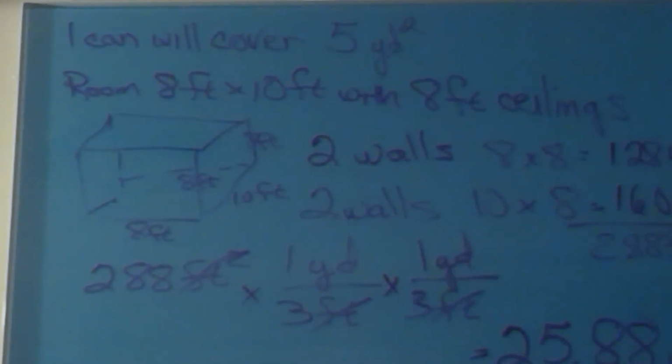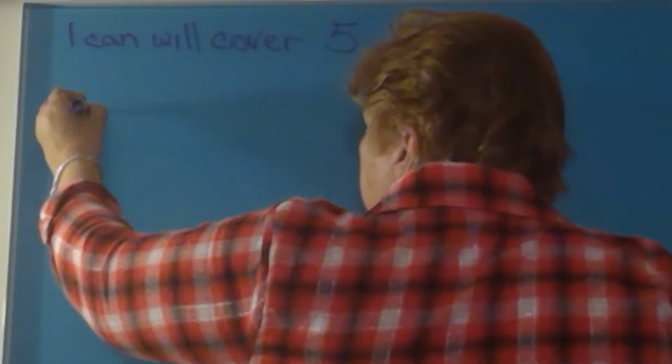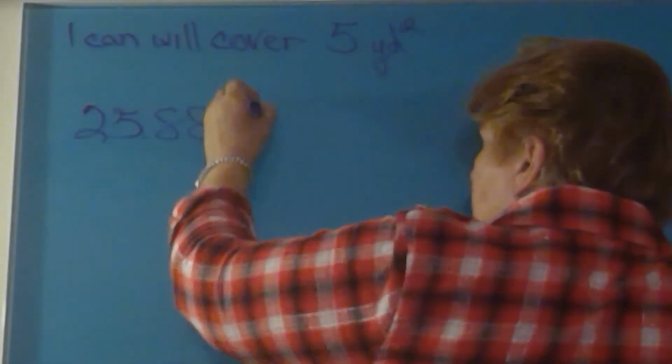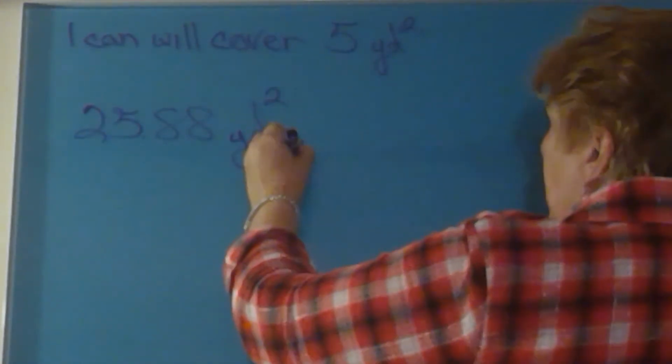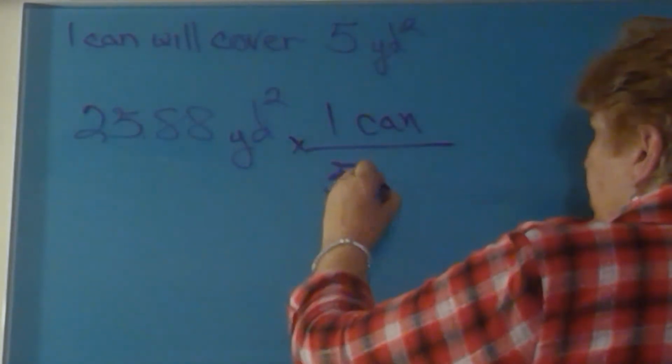Now, we've got 25.8, almost 26 square yards of room that we have to paint. So now that I have square yards, I know that 1 can of paint will cover 5 square yards.